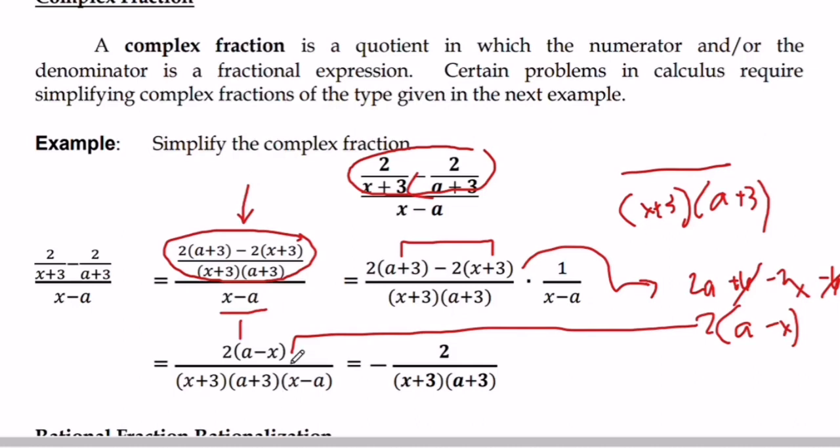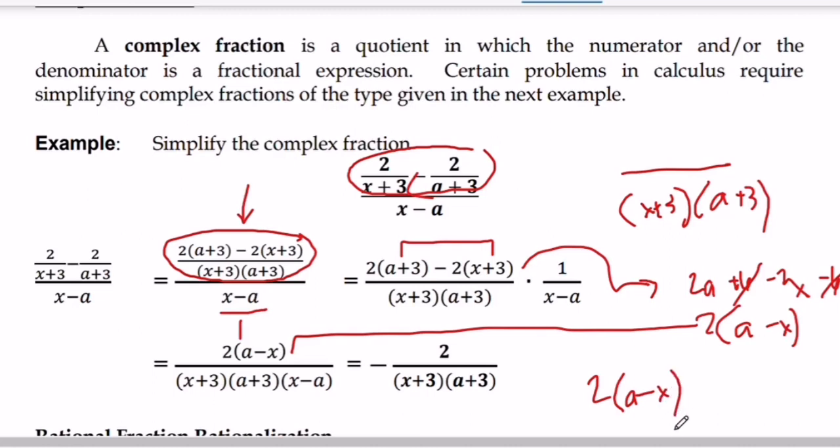So by inspection, a minus x will be cancelled, but the sign would be changed. If we factor, we know that 2 times a minus x is just equal to negative 2 times x minus a, right?